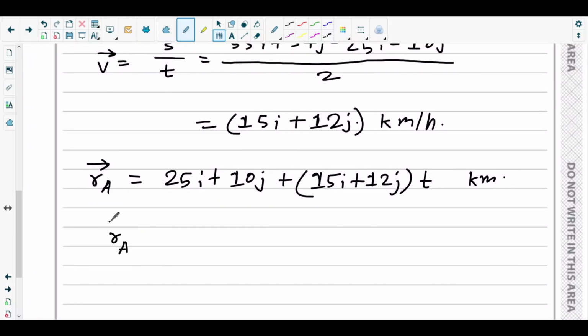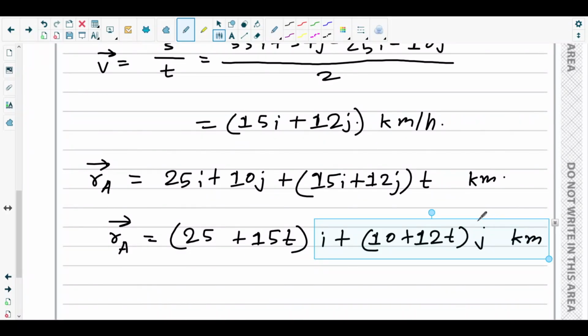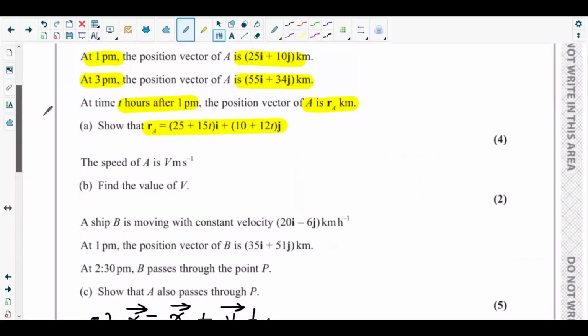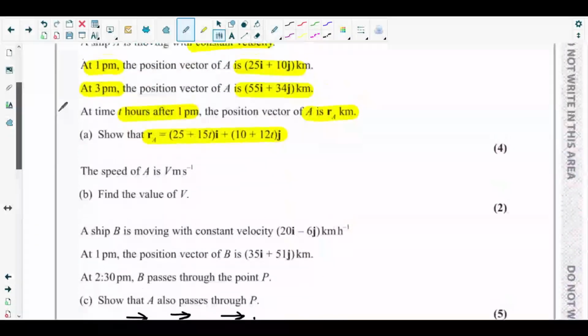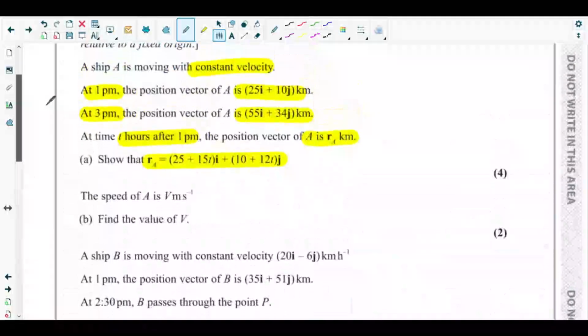Combining the i components, R_A equals (25 plus 15t)i plus (10 plus 12t)j kilometers. Comparing it with the given one, that's exactly what part A was looking for.